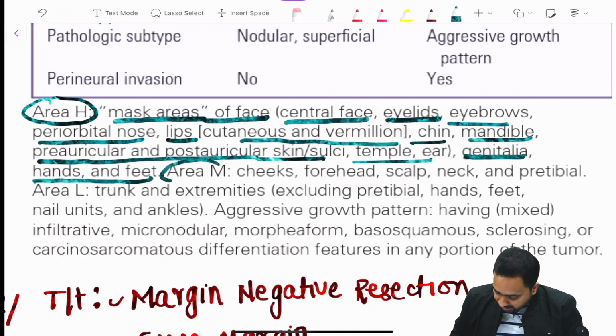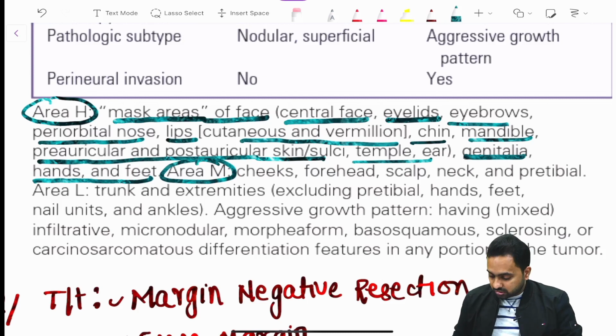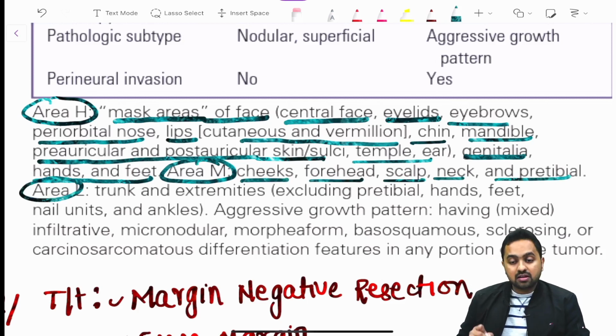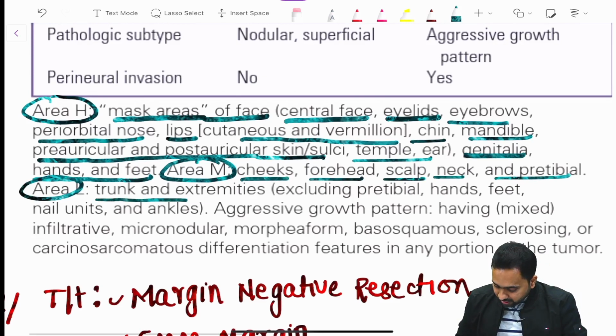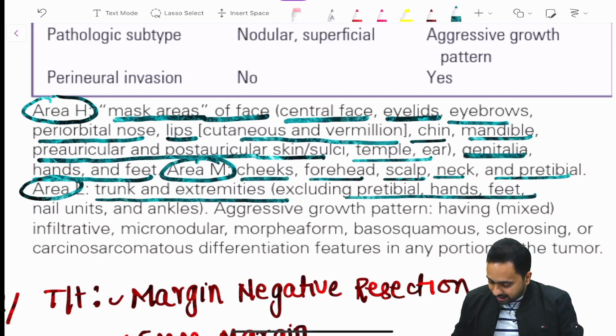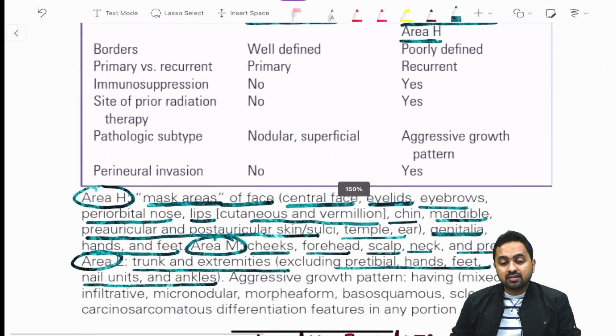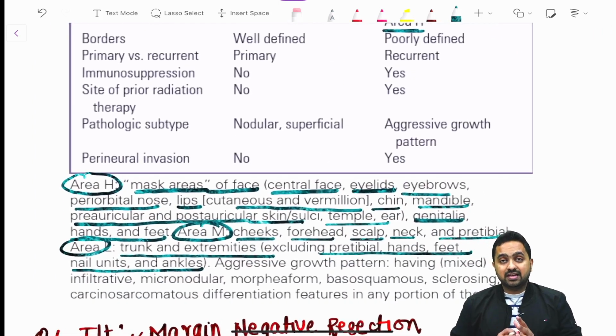Then you have area M, which includes cheeks, forehead, scalp, neck, pretibial, and area L, that includes trunk and extremities, including pretibial, hands, feet, nail units and ankle. Right. So this is your classification of area H, M and area L.